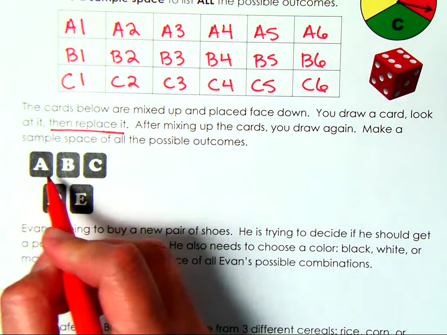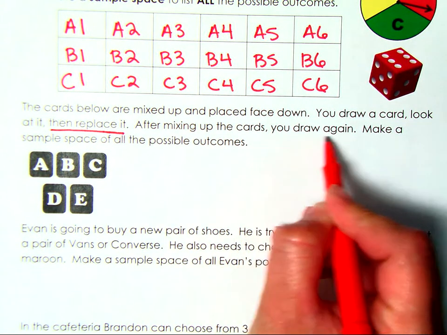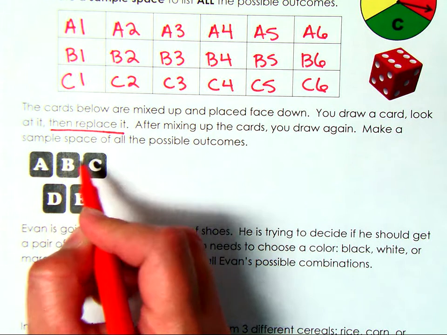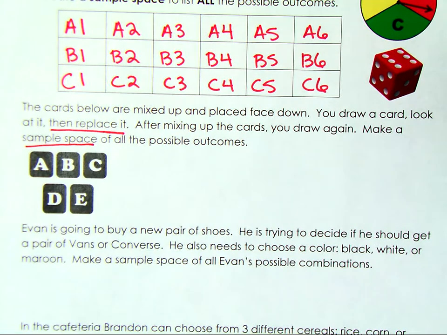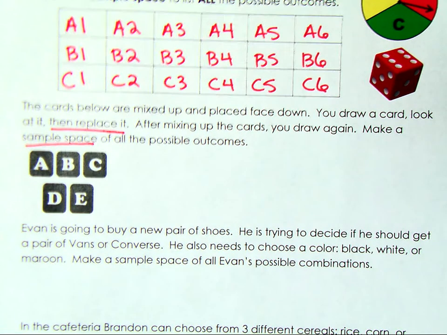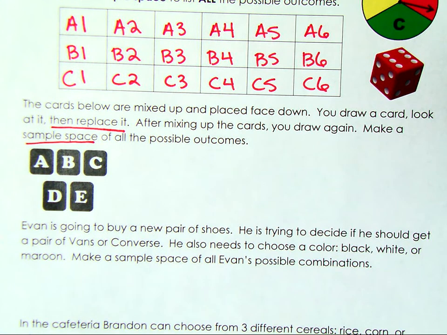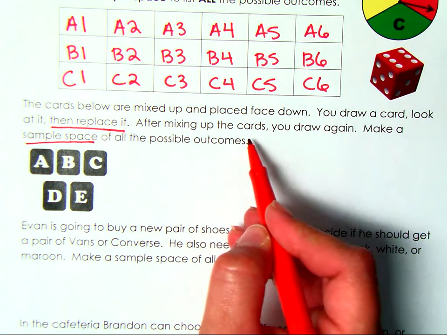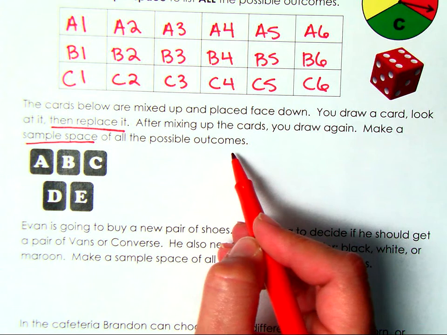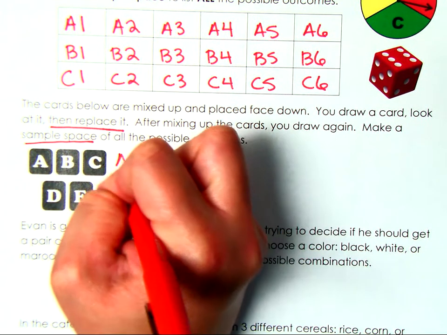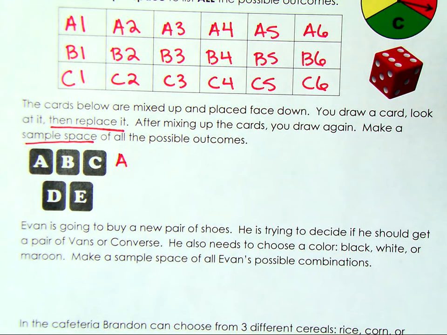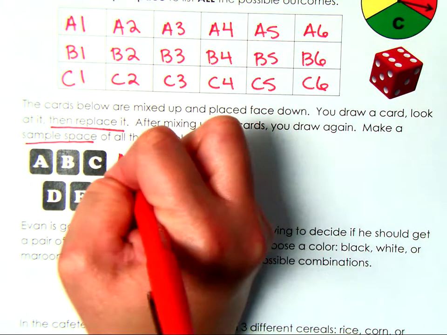After you draw one card and you mix the cards up, you draw again. Make a sample space, or a list of all those possible outcomes. So we're drawing 2 cards because we're drawing a card, mixing it up, and then drawing again. You could draw the A and put it back, and then you could draw it again.